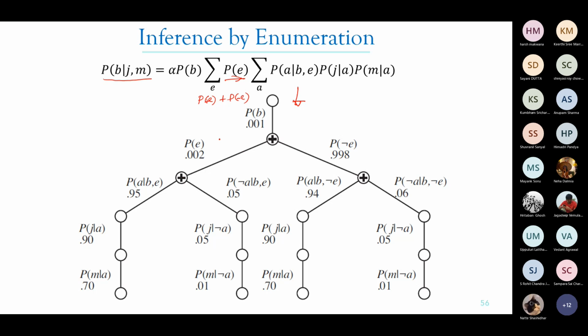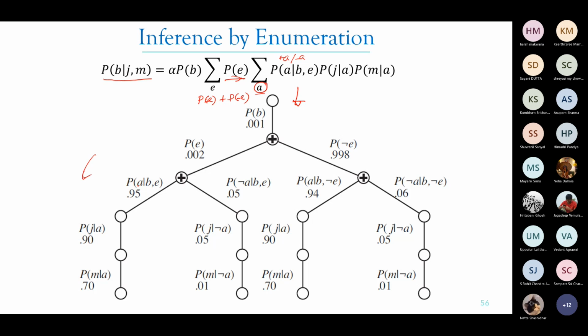And inside this, the scope of A, we are multiplying probability ABE. So here we have the variable A. Now we have to replace A with plus A or minus A, and we'll have different factors. And as we have different factors, we'll have different branches that we are following.